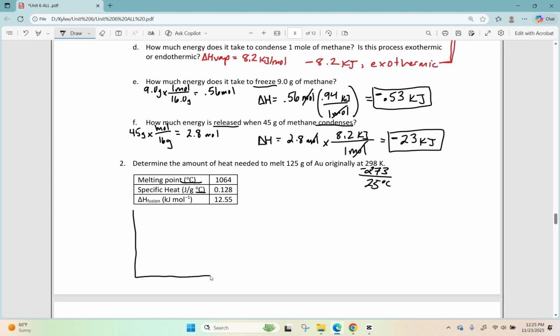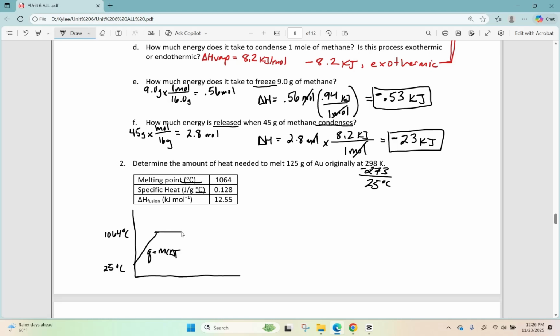I think having a little graph is going to help with this to understand what exactly we need to do. Our bit of gold is starting at 25 degrees, and the first thing we have to do is increase the temperature up to 1064. Now, for this part of the graph where our temperature is changing, we can use Q equals mcΔT.